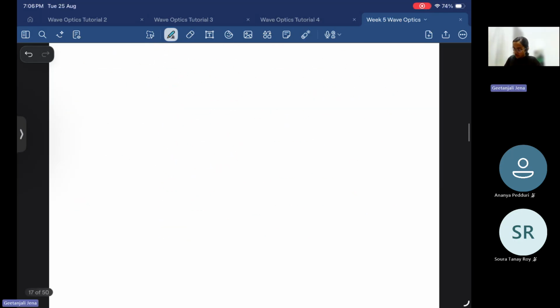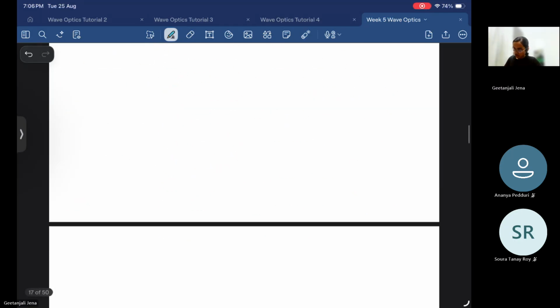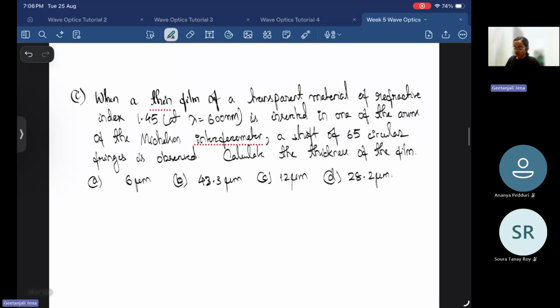Okay, let us see part C. This is also a continuation of the previous question. It's given that a thin film of a transparent material of refractive index 1.45 at wavelength 600 nanometer is inserted in one of the arms of the Michelson interferometer. A shift of 65 circular fringes is observed. Calculate the thickness of the film.